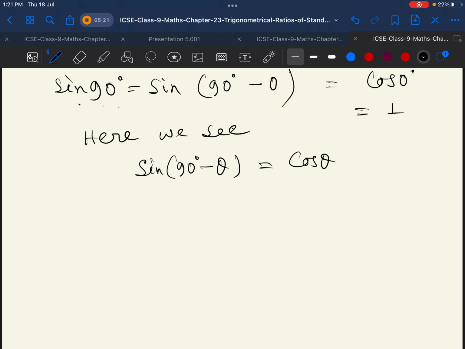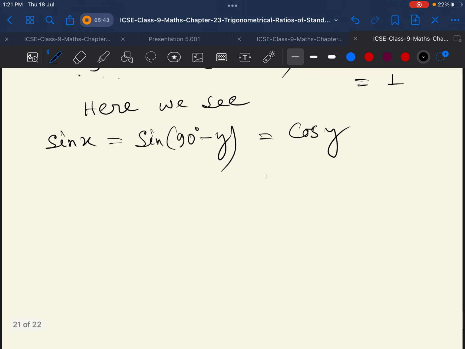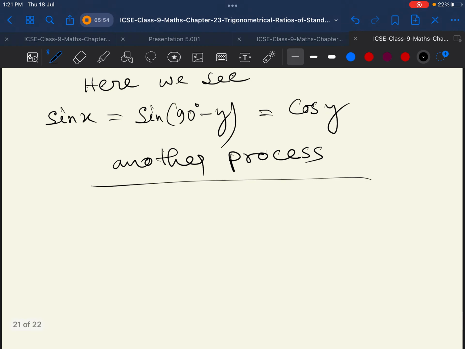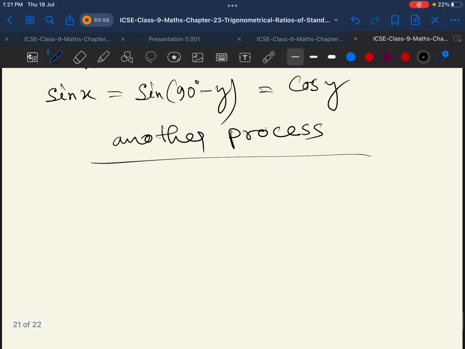And another process. Here you see sin x equals to sin of 90 minus y, so we can write this will be cos y. Okay, now another process, you will do this process.